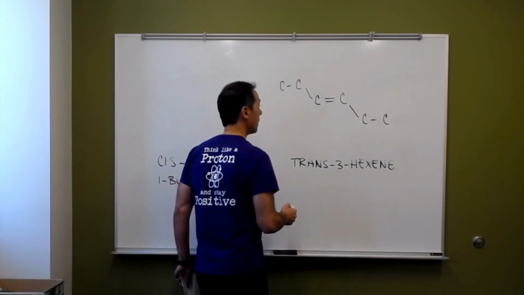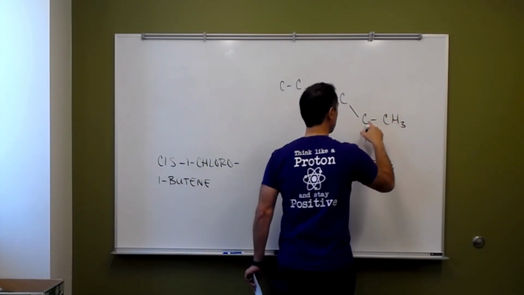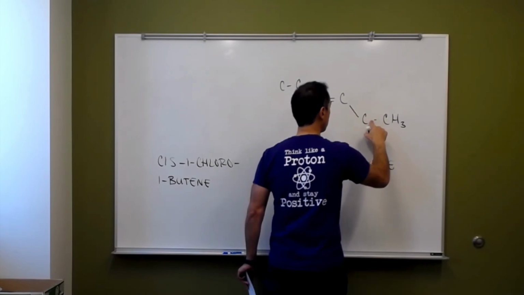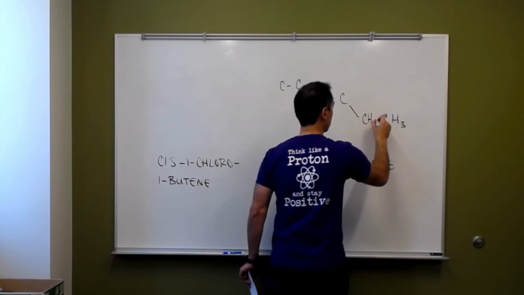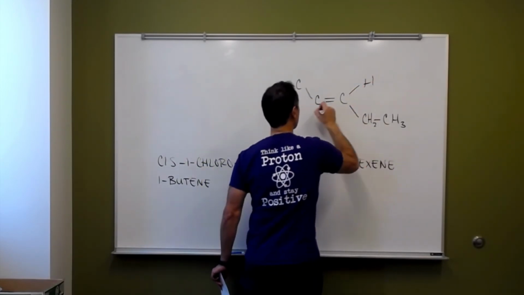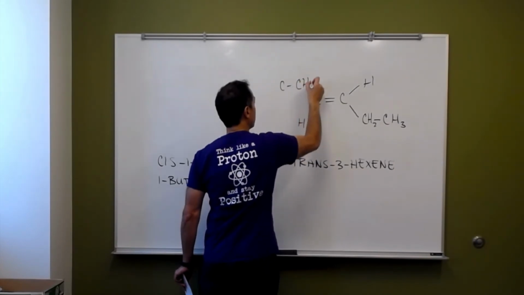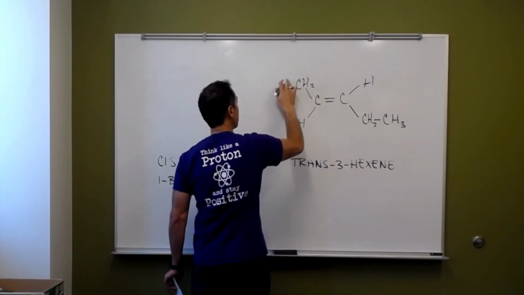So this should be CH3, and this should be CH2. And here I should have a hydrogen, here a hydrogen, and then CH2, and then there should be a CH3 here.